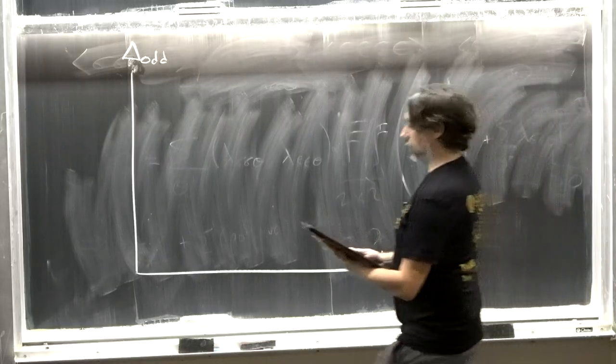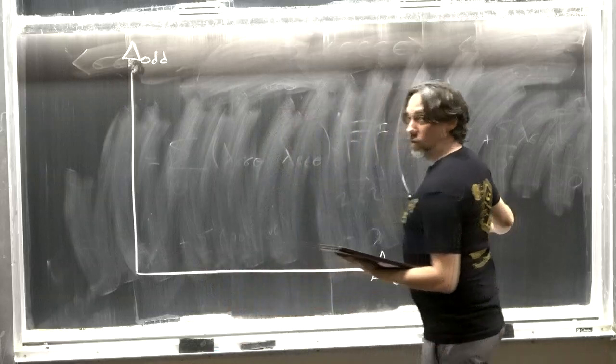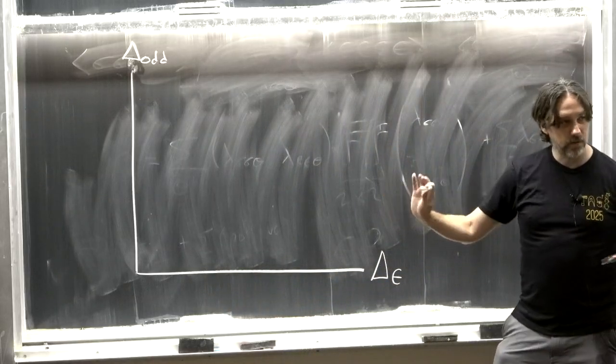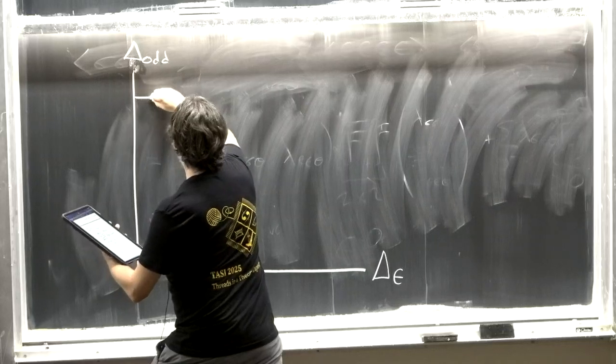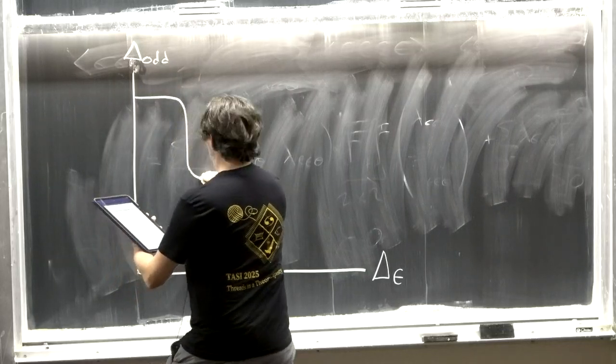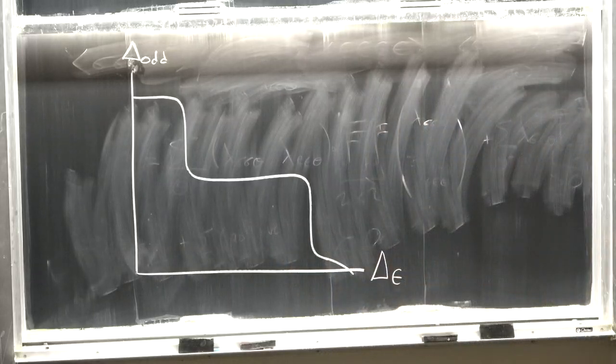If you make either of these too big, then you can find a contradiction and rule things out. And what does this plot look like? It looks something like that.